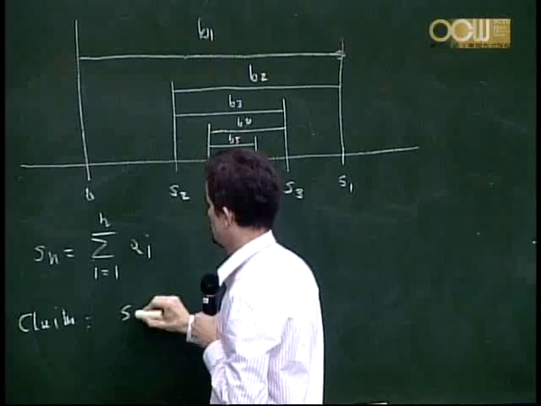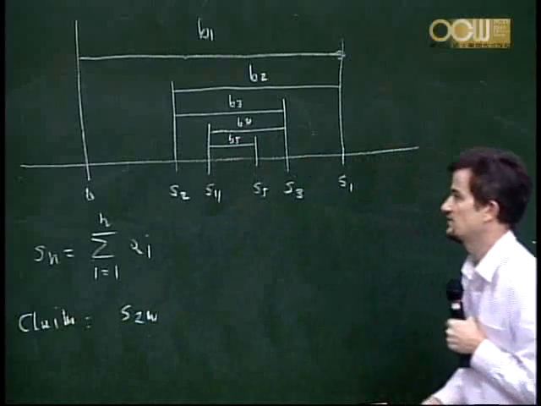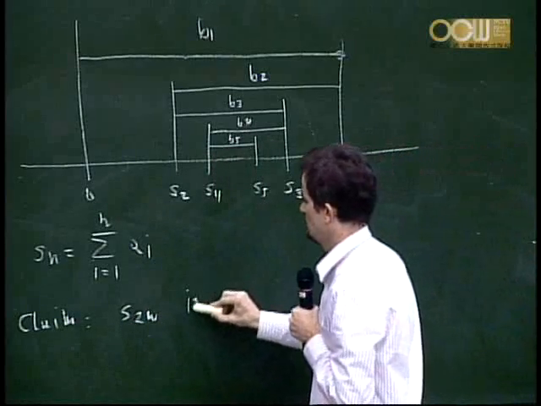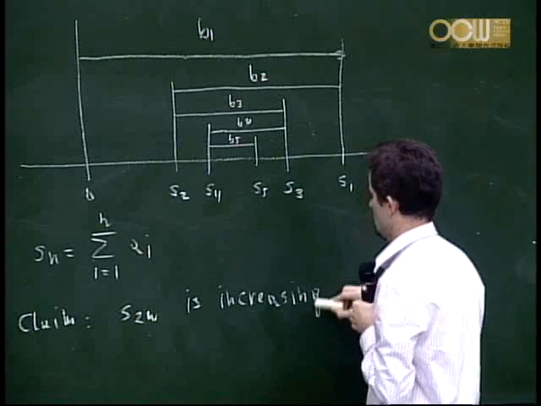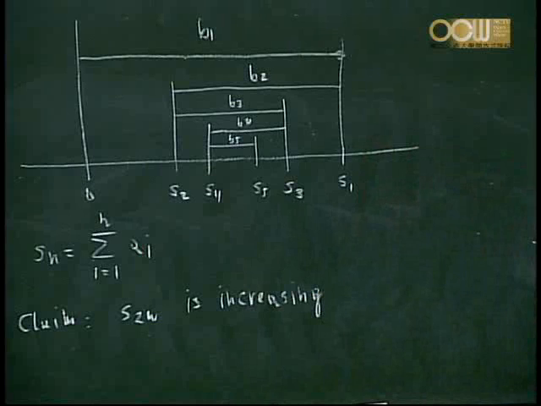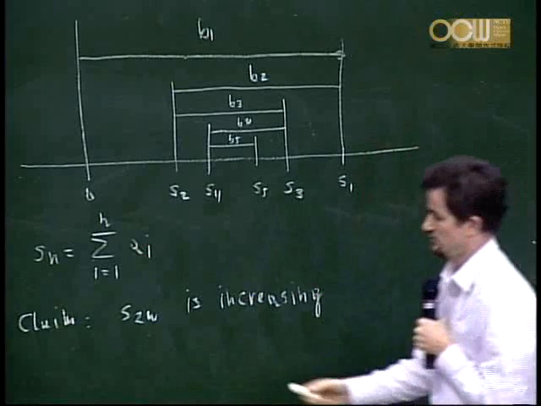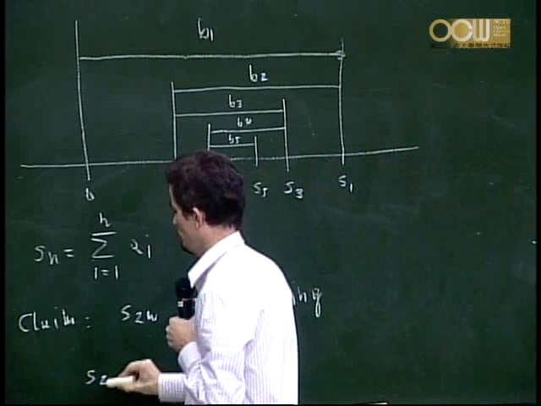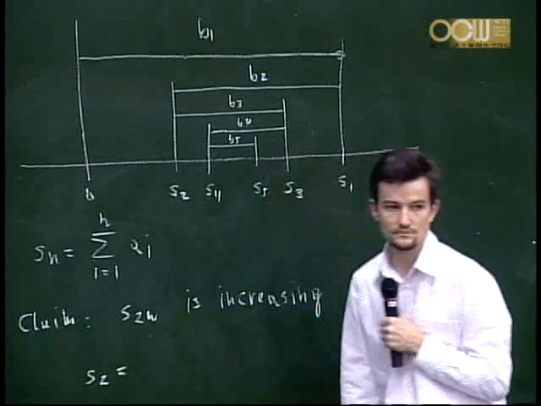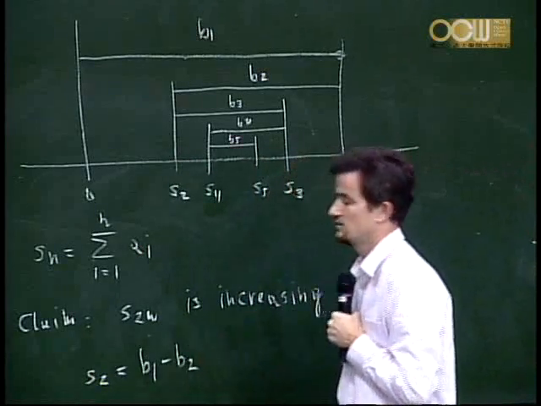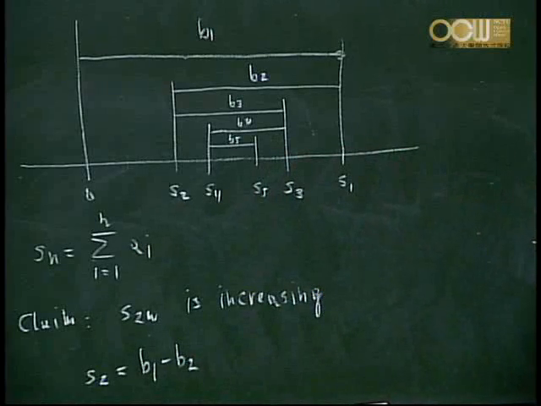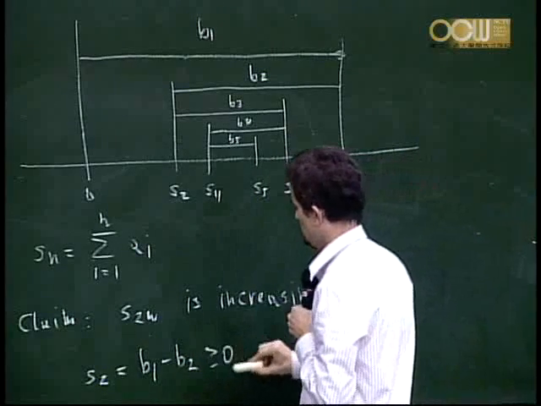Now, we claim that the even ones, so this sequence, is an increasing sequence. This is easily proved because, let's look maybe at the first one just to get a feeling. The first one is S2, which is B1 minus B2, so this is larger or equal than 0.